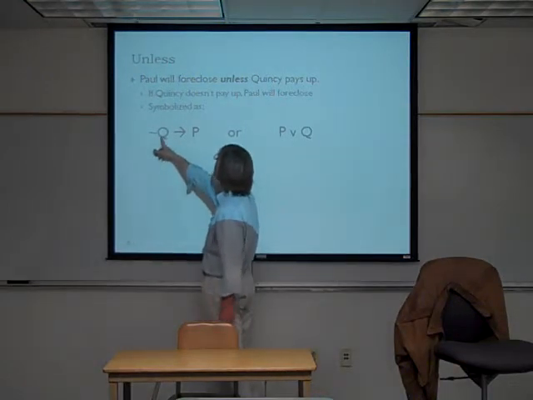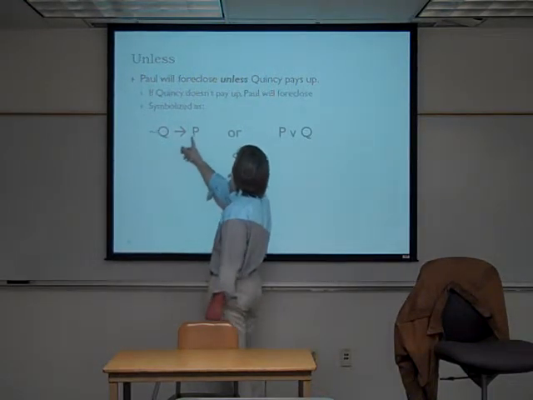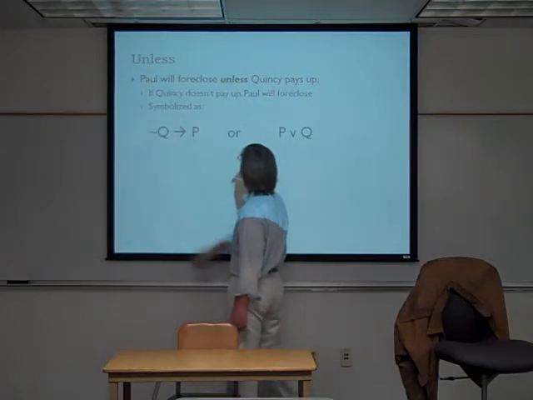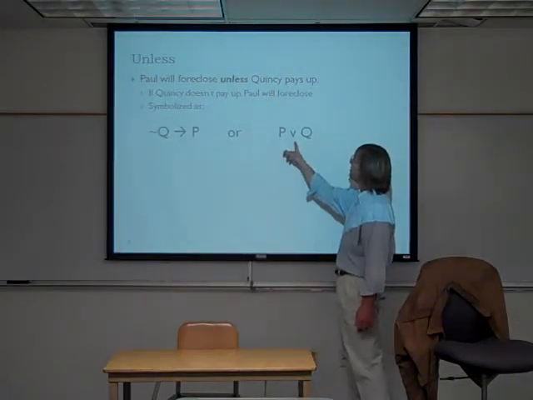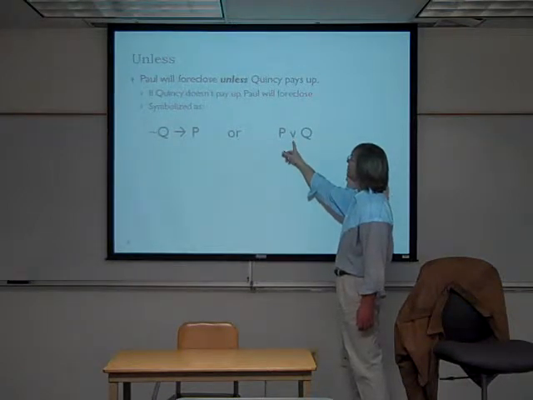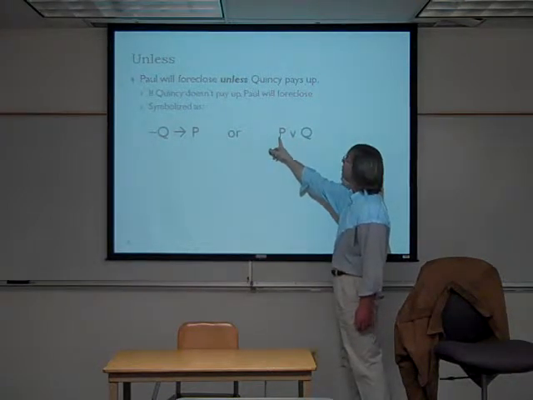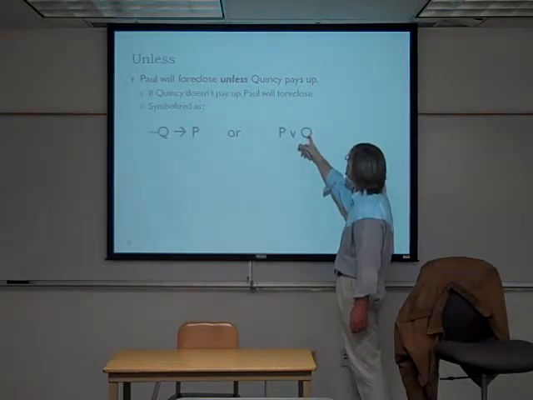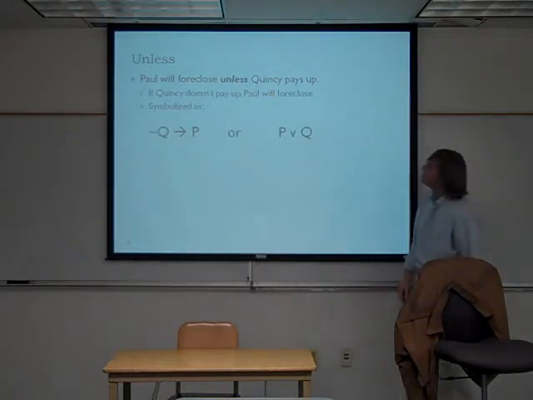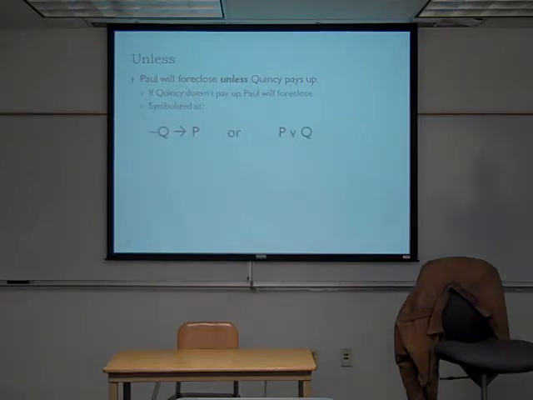If Quincy does not pay up, not Quincy, implies that Paul will foreclose. Or it can be symbolized as a disjunction. Either Paul will foreclose or Quincy will pay up. So the unless can be symbolized either as a conditional or a disjunction.